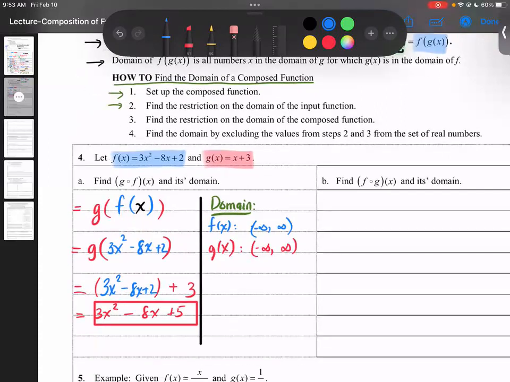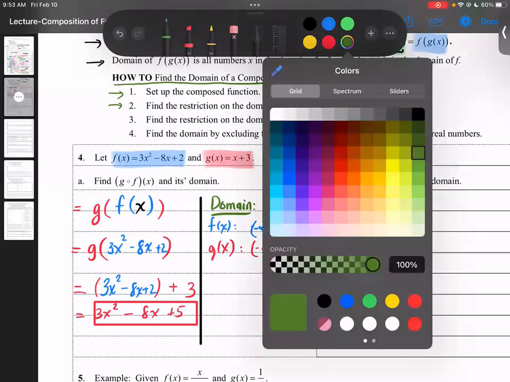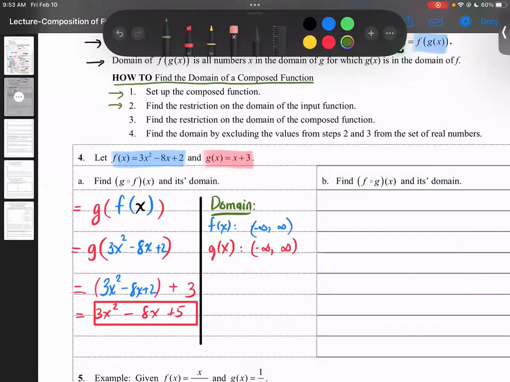And because you highlight everything on the number line for the first function and highlight everything for the second function, the shaded part will be everything. So your final domain will be everything. That's an easy one.